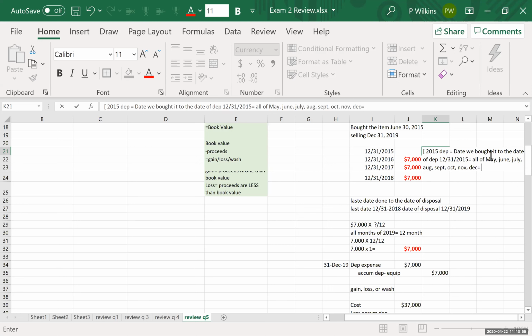We bought it on, oh, I'm sorry. I was looking at the problem up above. You're correct. We bought it June 30th, 2015. So we would have done the entry on July, August, September, October, November, and December. So it would have been six months.